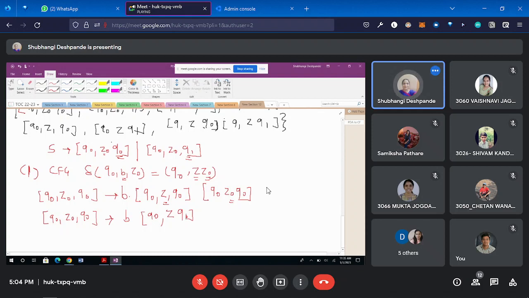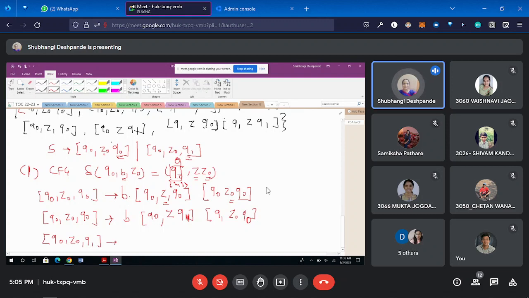Now we'll have the next state, that is for Q1. We have to write it for the Q1 also. Q0, Q1, each Q. So here Q is Q0 and Q1. So for both I am writing Q0, Z, Q1, and here again Q1, Z0, Q1. Or first of all we will have Q1, Z0, Q0. Then, all possible states we have to consider.